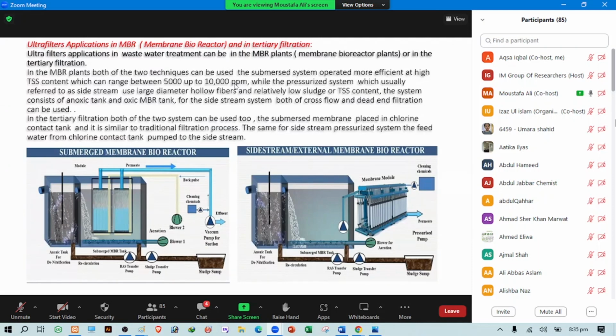As I explained, it's a continuous process. We keep pumping the liquor here in two directions, one to the anoxic tank and the other one to the sludge holding tank. This is regardless of the backwash process. The backwash process can take place at any time, and it will not cause much dilution.